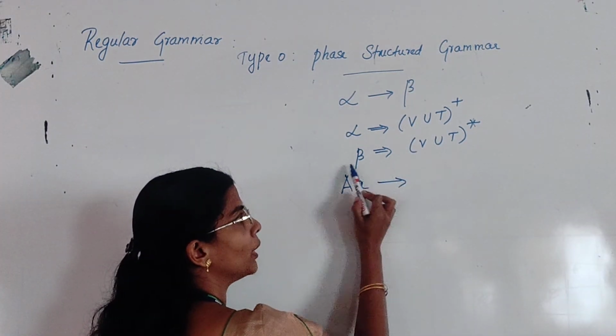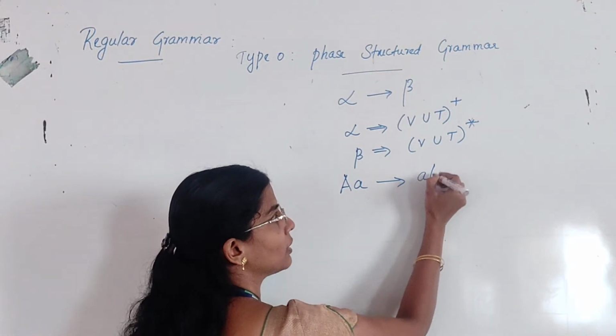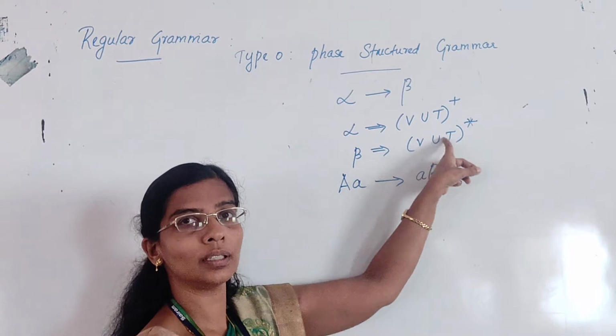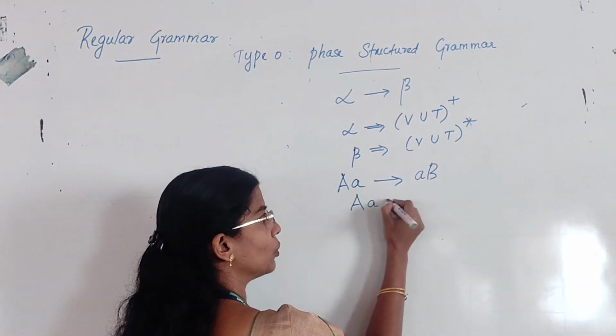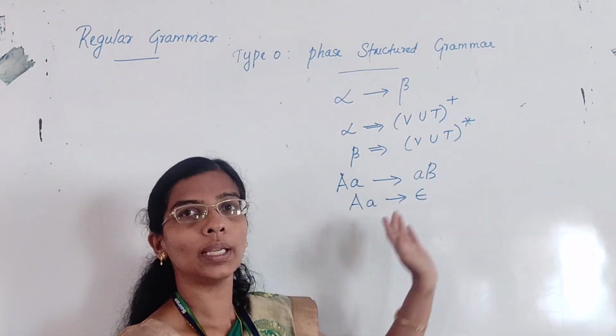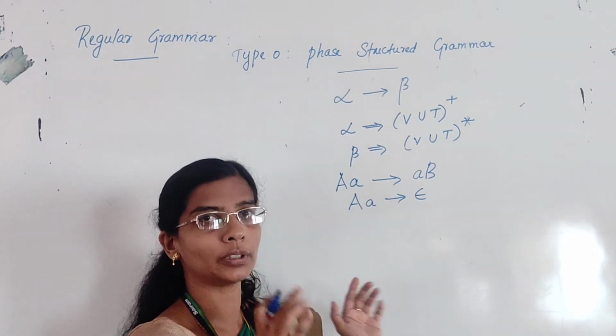I can have a combination of variables and terminals. On the right hand side I can also have something like this, a combination of variables and terminals. Otherwise I can have it like this also. So on the right hand side, the empty string is possible, but on the left hand side it is not.